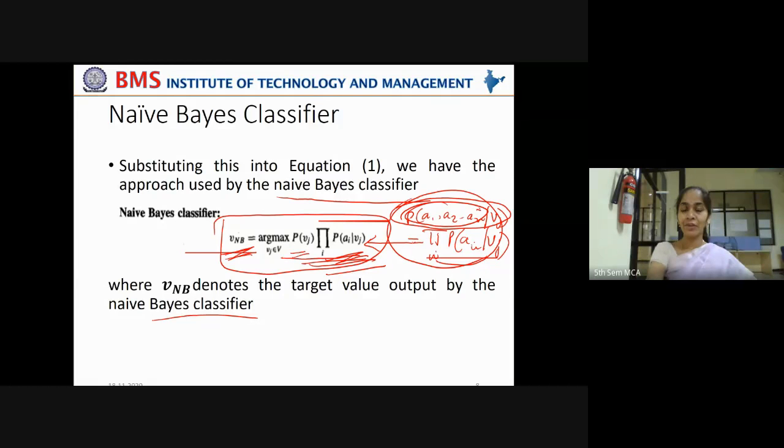That is expressed as you are trying to maximize the probability of occurrence of that target label, where each of these probabilities are multiplied: outlook sunny given the outcome label, humidity high given the outcome label, and so on. Each of these probabilities is multiplied, and it is further multiplied with the probability of the outcome label, yes or no. You try to maximize that, and that maximized outcome label will be your classification output.